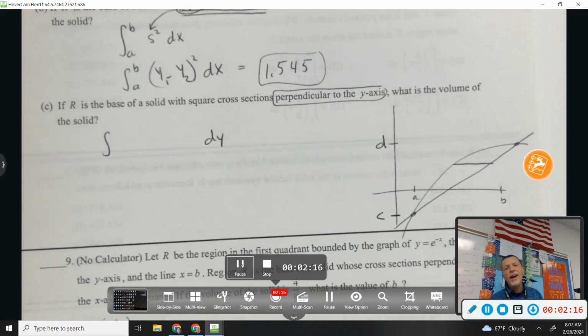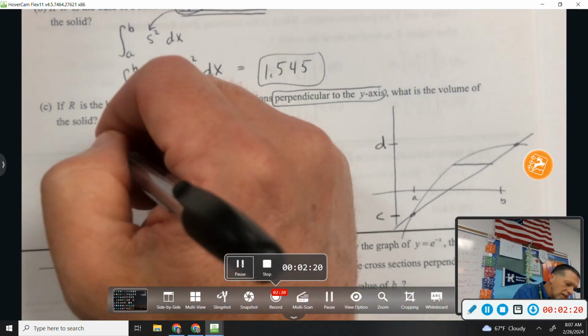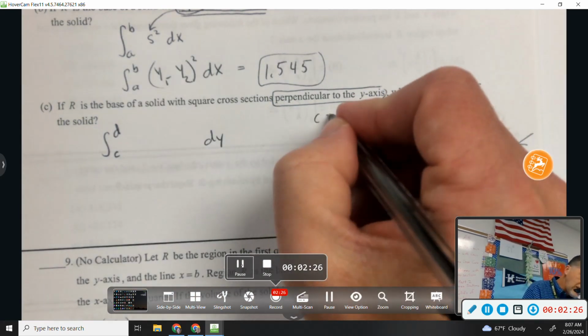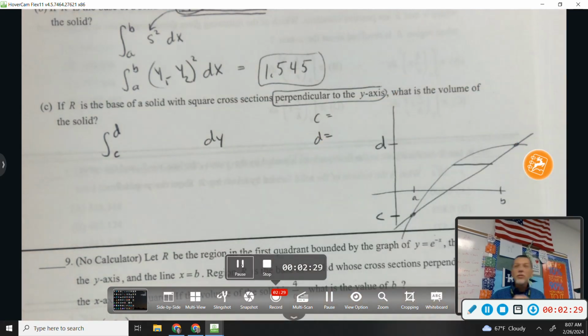So I'll need to go back and find those intersections, because I need the y values of those intersections. So I need to find C and D, probably store them so that I can get as accurate an answer as possible.